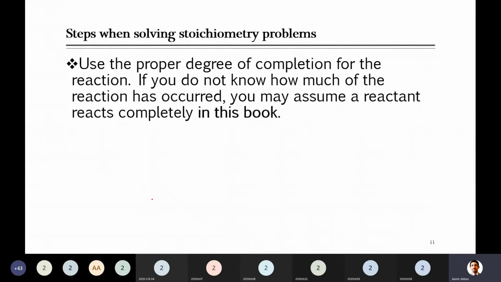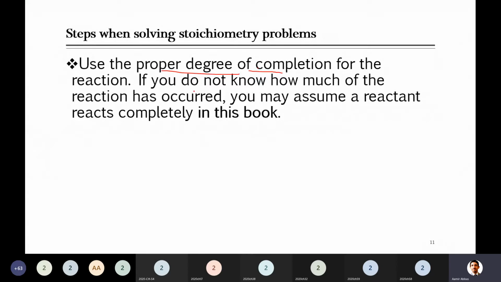In this book, most of the problems you will be dealing with have a proper degree of completion. Proper degree of completion means that all reactants are consumed and converted to products.